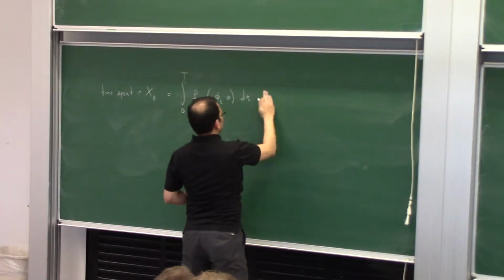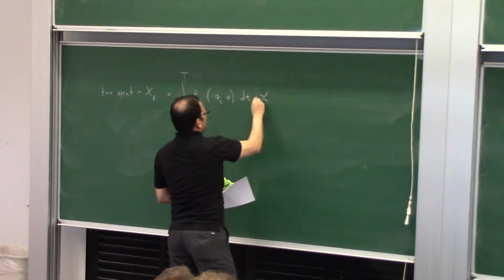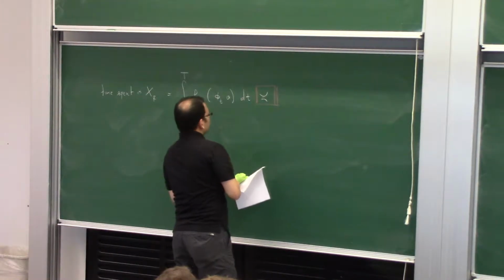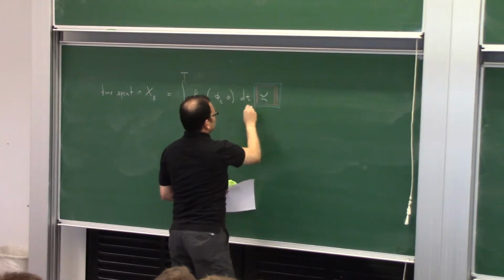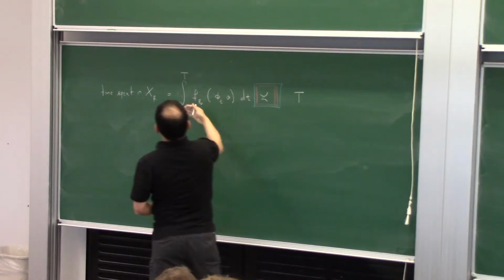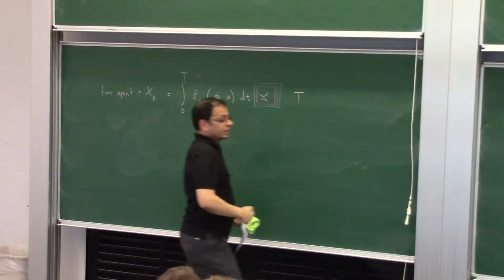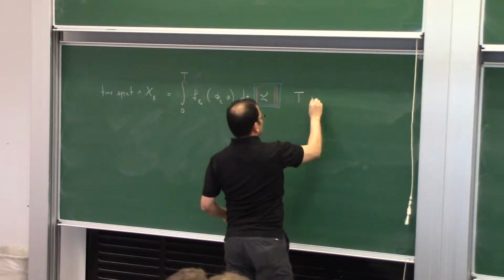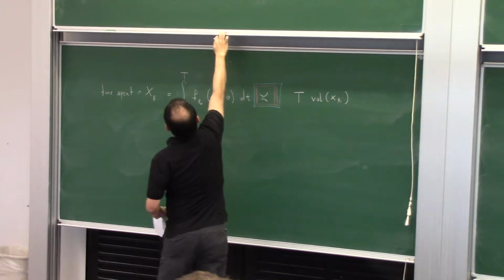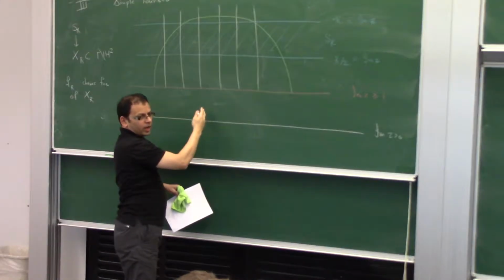I'll put this equality in boxes of various colors because that's the main point. It should be T times the volume of XR. And we can do this calculation using the standard hyperbolic metric, which looks like dx dy over y squared.